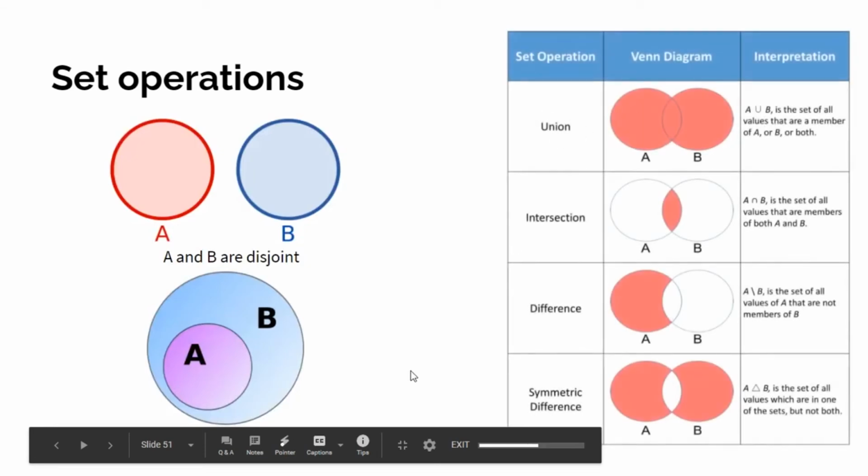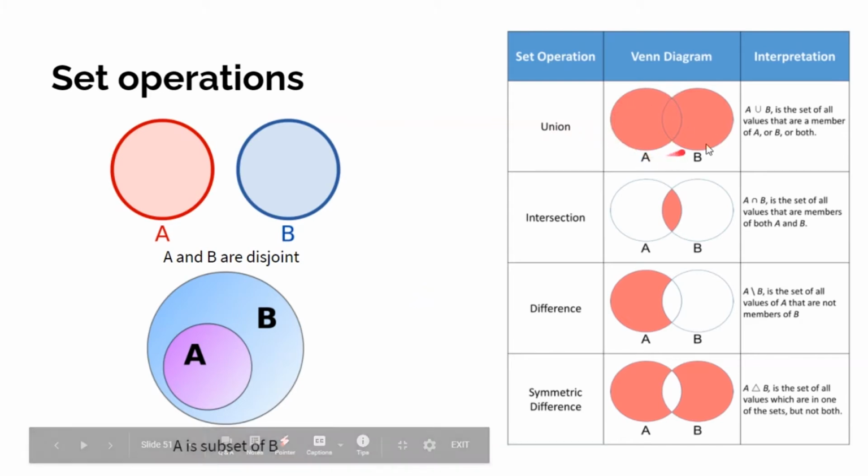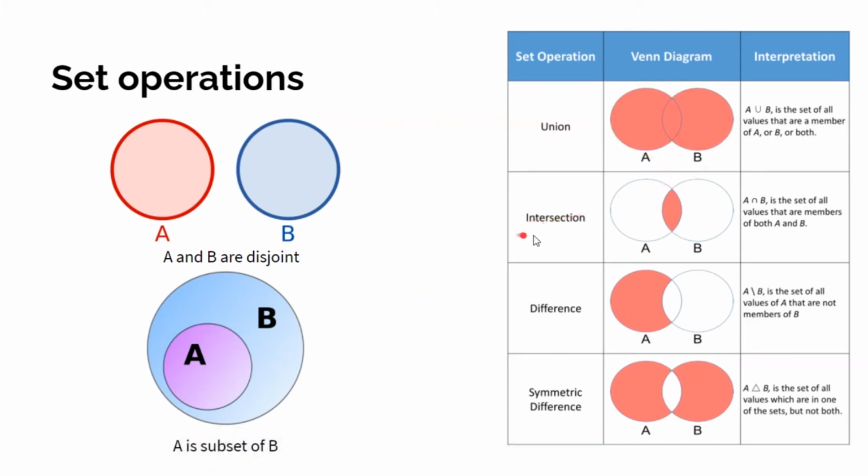Okay, so first operation is union. Union will give you all the elements that are present in set A and set B. Now we have intersection. Intersection will give elements that are common to A and B, meaning present in A and also present in B. Now we have difference.